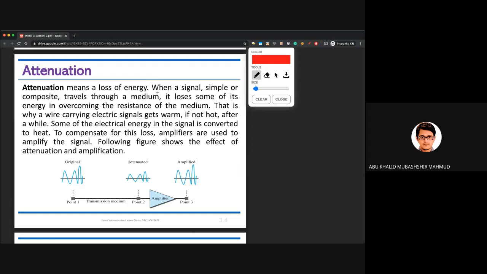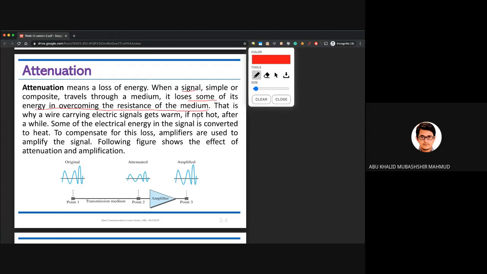So when a signal simple or composite travels through a medium, it loses some of its energy in overcoming the resistance of the medium. So in other words, if we try to transmit anything at any time, we will lose some energy. That is why a wire carrying electric signals get warm, if not hot, after a while.